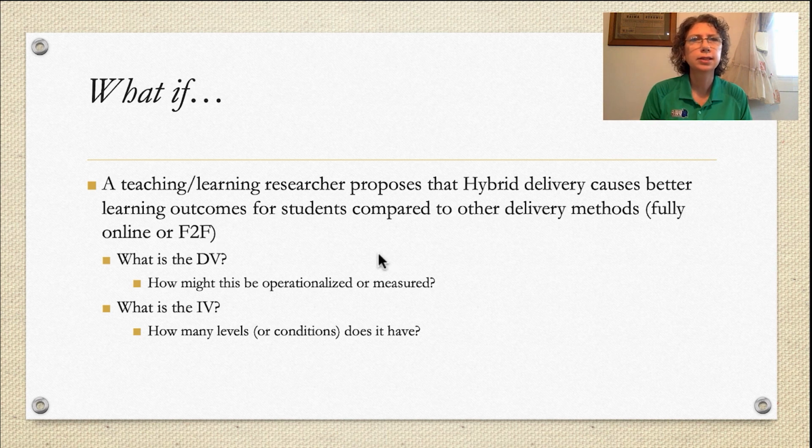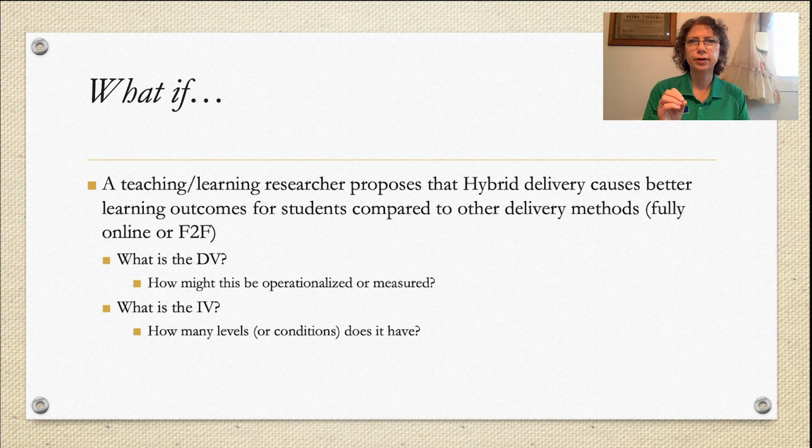But that's an easy mistake to make. There's actually only one independent variable here, the delivery method, and it's got three levels or three conditions. It's got the hybrid condition, the fully online condition, and the face-to-face condition. So that's one you've got to watch out for.